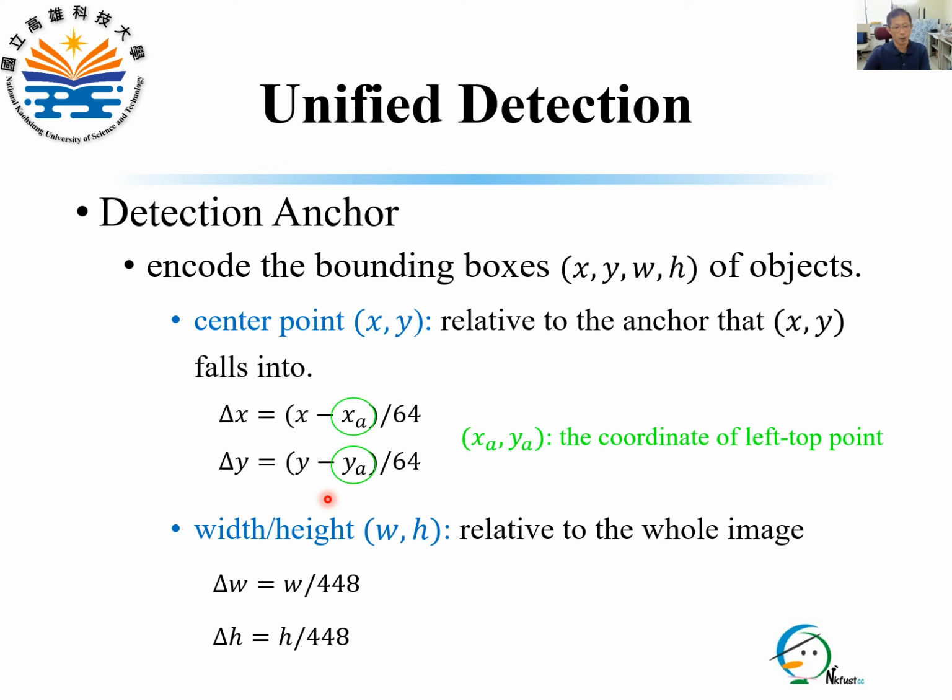Here, xa, ya is the coordinate of the left top point of the anchor. The width and height (w, h) of the bounding box are encoded as delta w, delta h by dividing image size. This makes the w, h relative to the image size after normalization.